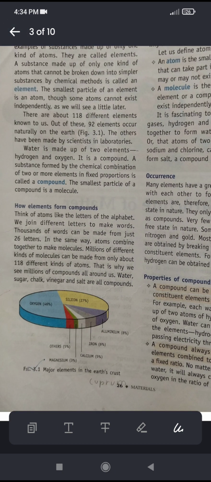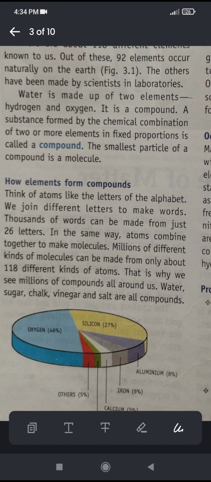In the same way, atoms combine together to make molecules. Millions of different kinds of molecules can be made from only about 118 different kinds of atoms.